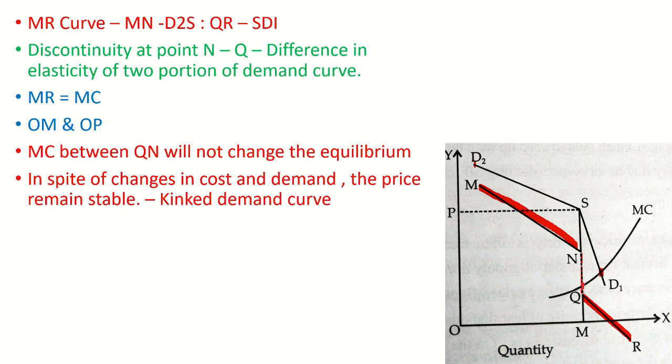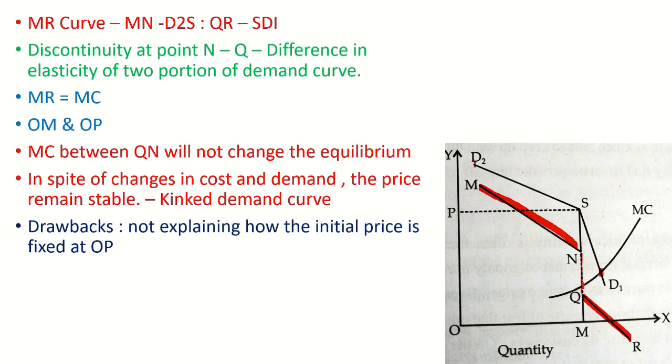Already we said the kinked demand curve represents the rigidity in the price, and we know the reason. So in spite of changes in cost and demand, the price always remains stable. But there is one drawback to this kinked demand curve theory, that is it does not explain how the initial price is fixed at OP.